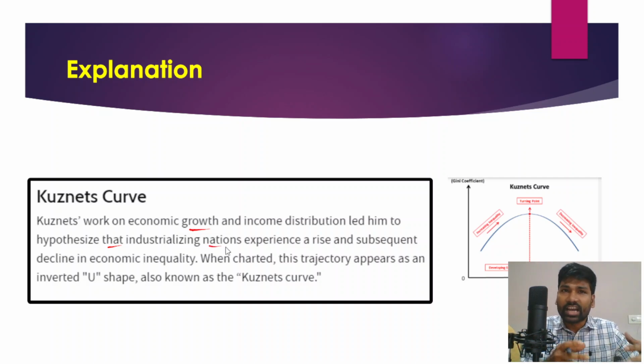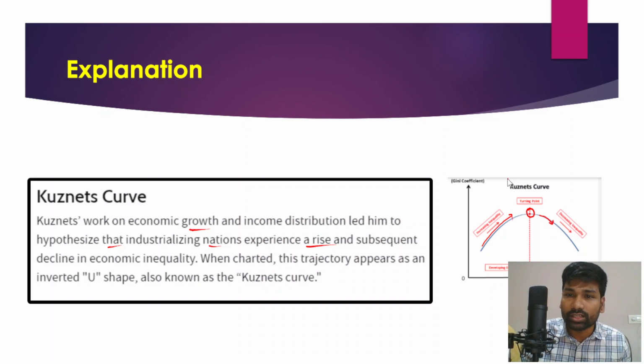or nations which have been moving on an industrialized path usually experience, first, a rise in inequality, right? So first there will be increased inequality levels in industrializing nations, and once they reach a particular turning point, the inequality in such nations would start declining.